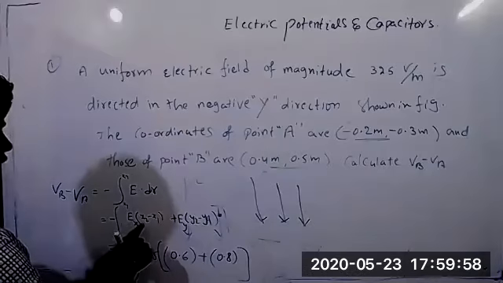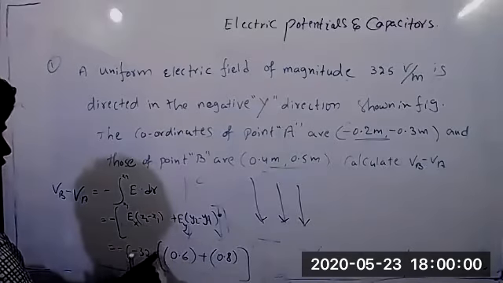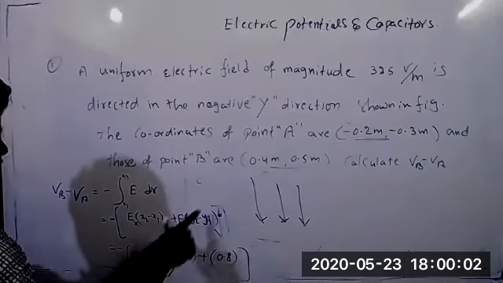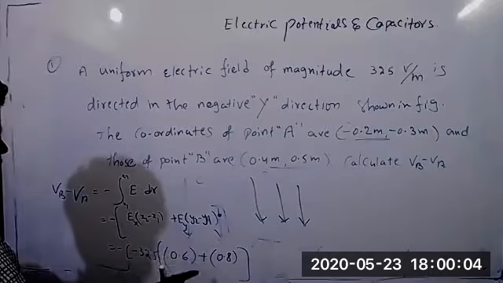X2 minus X1, X2 is 0.4, minus of minus 0.2.